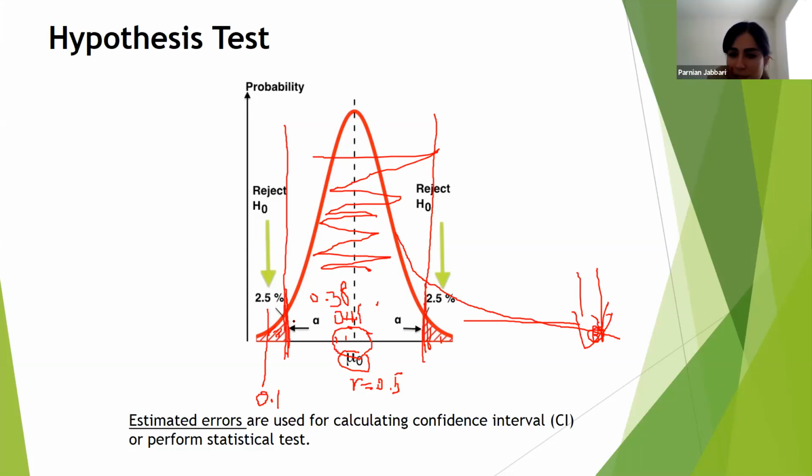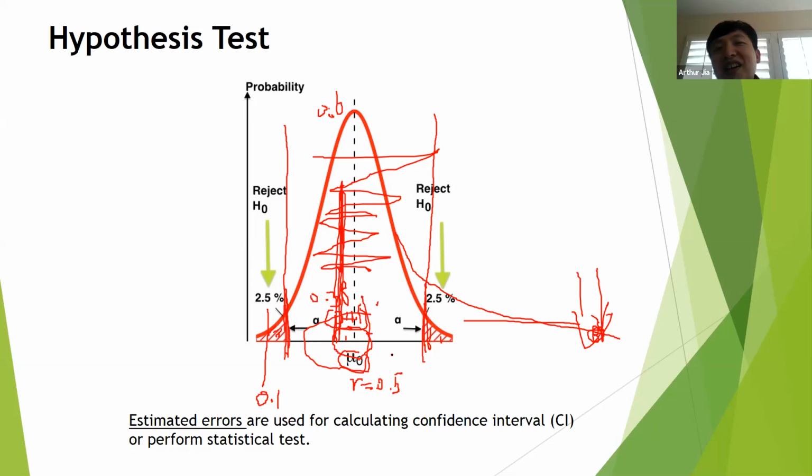So if we get an R of 0.4, or 0.6 or something like that, the probability will be around 1%. Yes, we should accept the null hypothesis, which means there's no linkage between A and B.